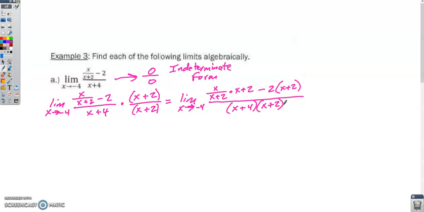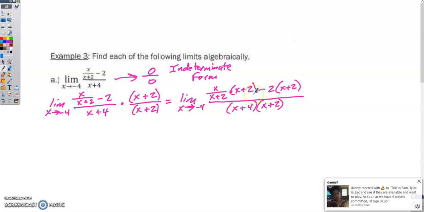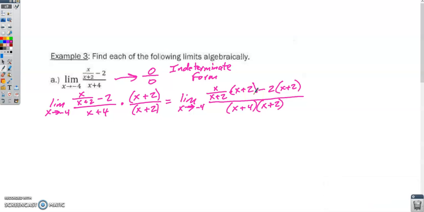I should probably put that in parentheses. A little bit of advice in general with problems like this one, limits in general: I don't normally do much with the denominator until the time comes, unless it merits it.